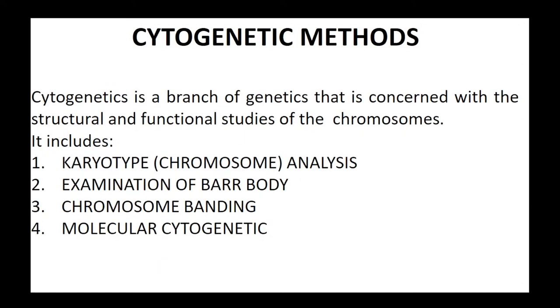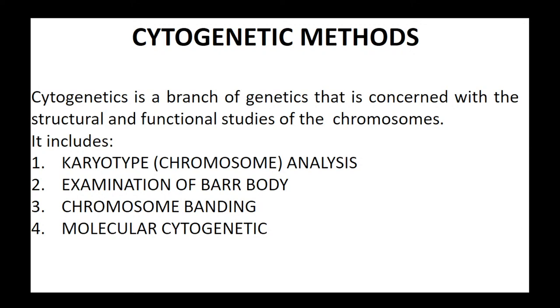So students, the pedigree analysis played a very important role in development of medical genetics, because it helped and it helps in finding the mode of inheritance of different human diseases and different human characteristics.